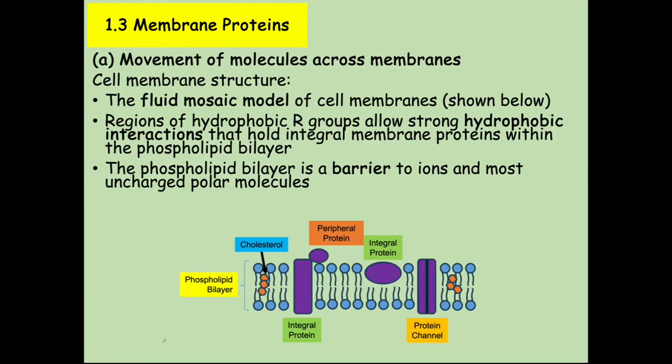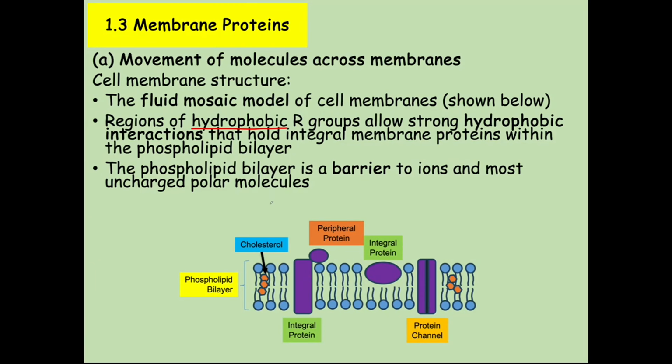Now, we know from our study of proteins that amino acids, the building blocks or monomers of proteins, have R groups in them. Proteins within the cell membrane remain within the cell membrane, okay? Things like this integral protein here. That gets to remain within the cell membrane because it has lots of regions of hydrophobic R groups. If we remember, hydrophobic means water hating, or it doesn't like to be near the water, okay?